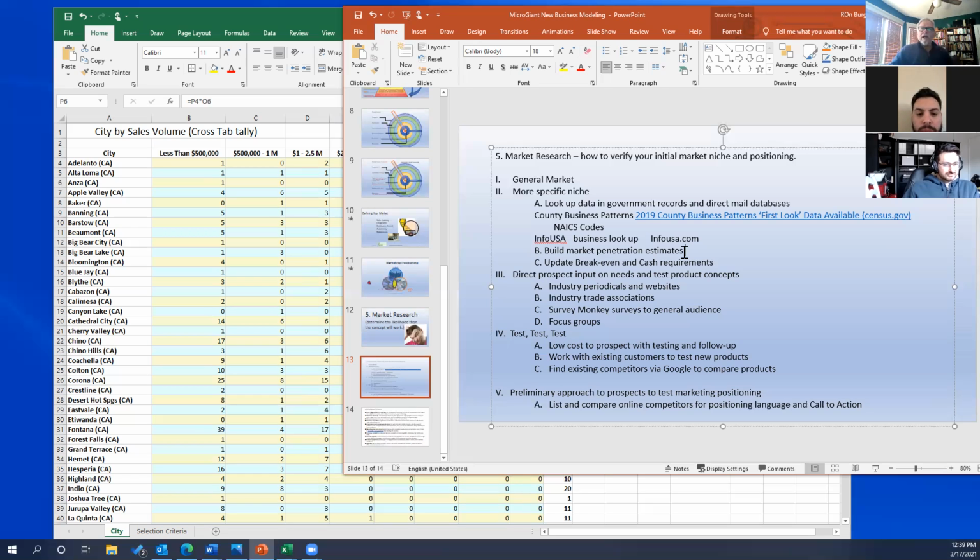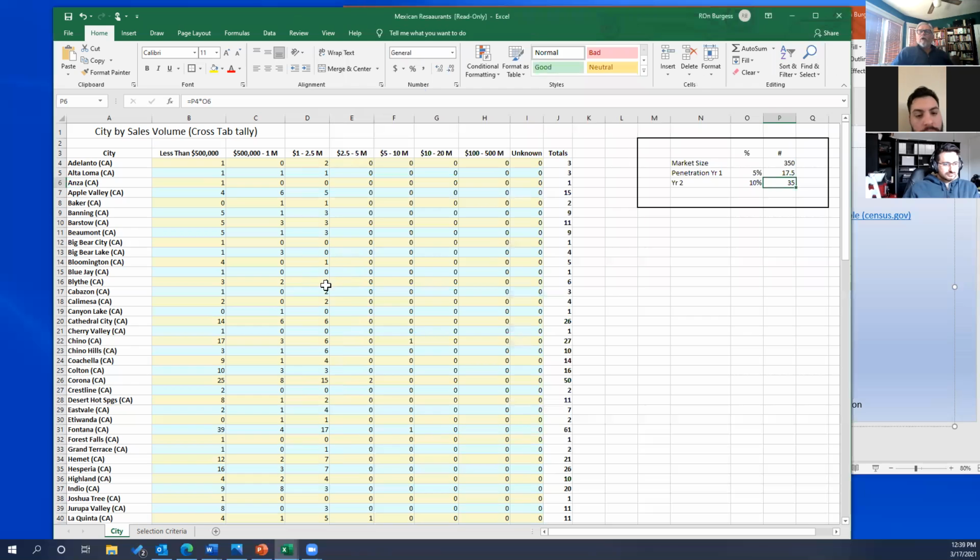Now, in a case like this, let's say we're looking at a broader area, and instead of doing two counties, we did all of Southern California. We're just a small percentage of the population. So it wouldn't be crazy to discover that Southern California had 8,000 Mexican restaurants. That seems reasonable to me.